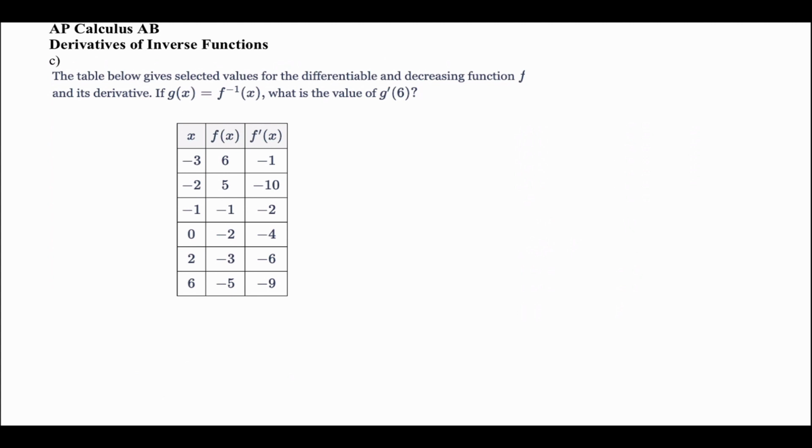If g is the inverse of f, what is the value of, here's our command right here, g prime 6, right? So that means we're going to use the bottom one again. And I'm going to plug in a 6 everywhere I see an x.